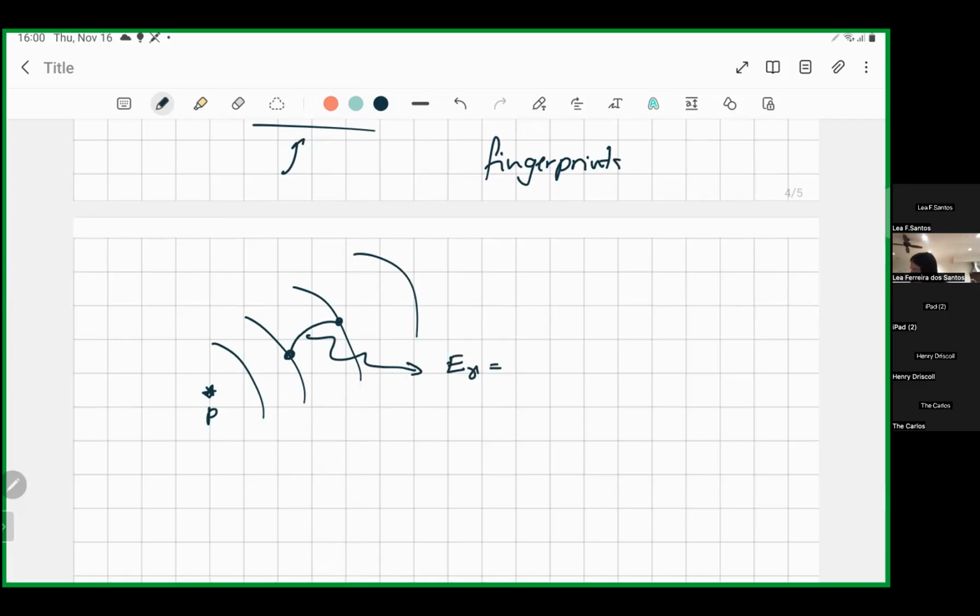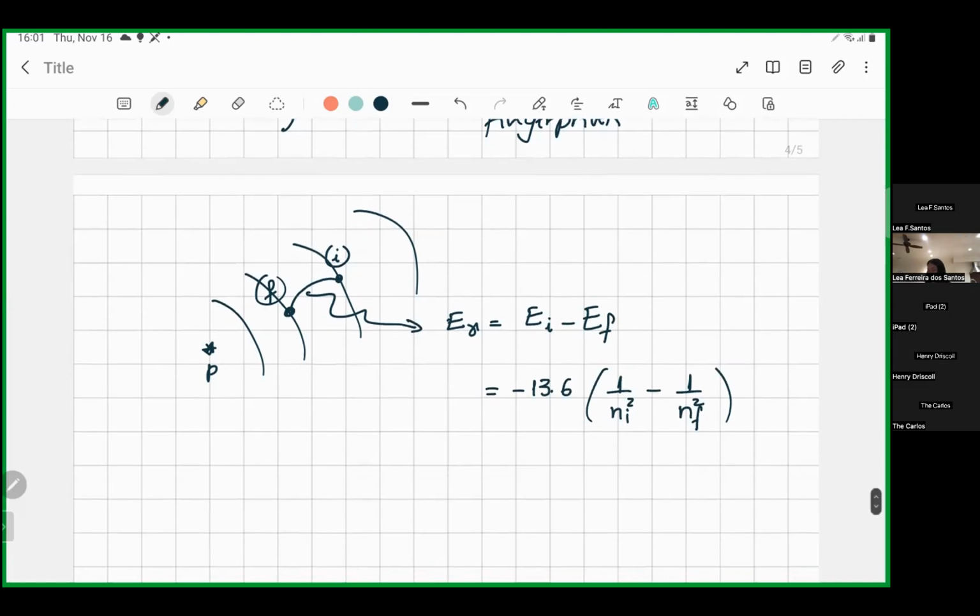It is the difference between the energy it had in the initial state and the final one, the initial minus the final. That is minus 13.6 times 1 over ni squared minus 1 over nf squared, where ni is the initial state and nf is the final state. So that's the energy that comes out.